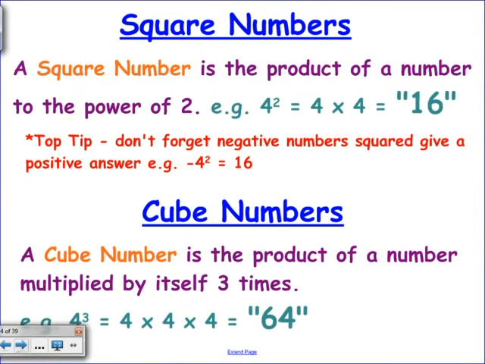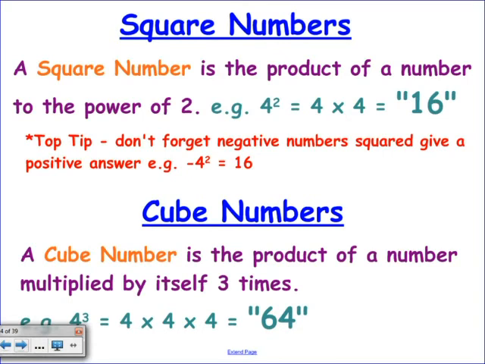Square numbers, it's really important that you understand this, is the result of a number being multiplied by itself. So 25 is a square number, 5 is the number that is being squared. Okay? A cube number is the same. It's the result of multiplying a number by itself 3 times. And you need to be able to identify the cube numbers for 1, 2, 3, 4 and 5.